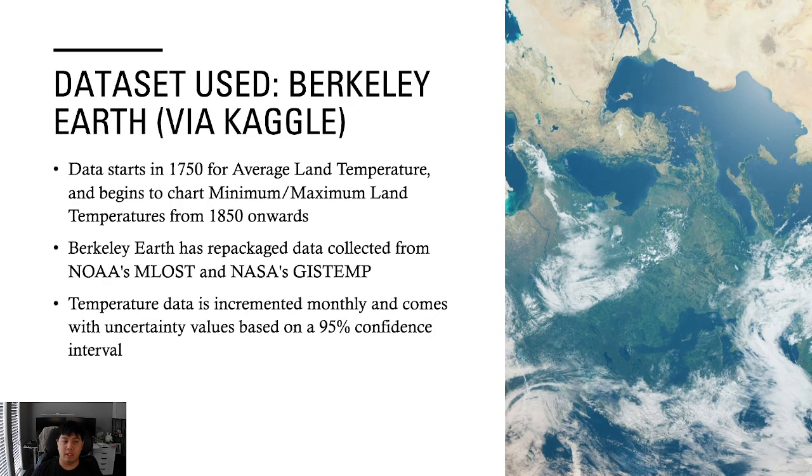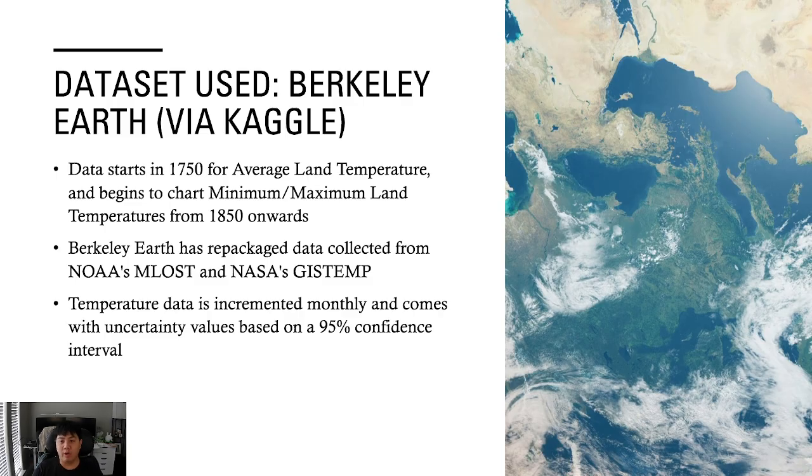Now, the data set that I'm going to be using comes from Berkeley Earth. I downloaded this data set through Kaggle. It's a combination and repackaging of about 16 archives gathered from NOAA's MLOST and NASA's GISTEMP data sets.